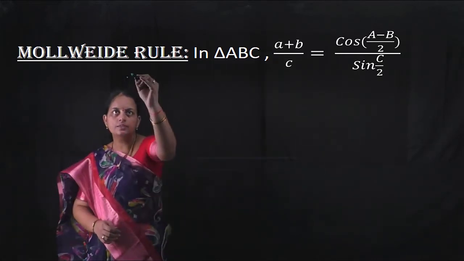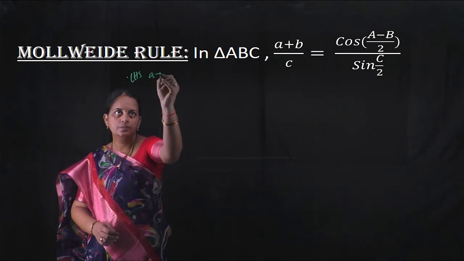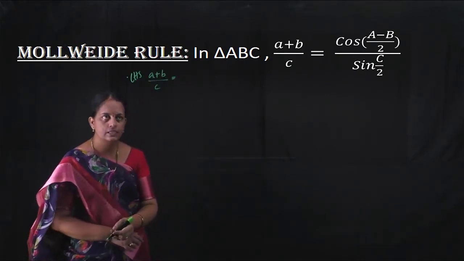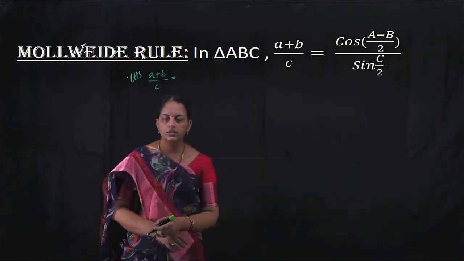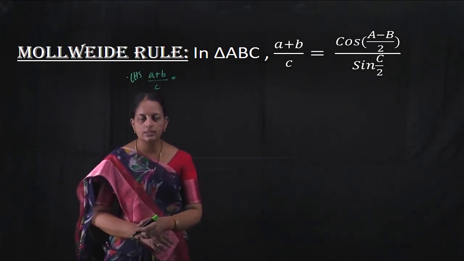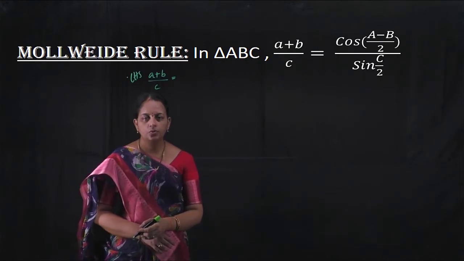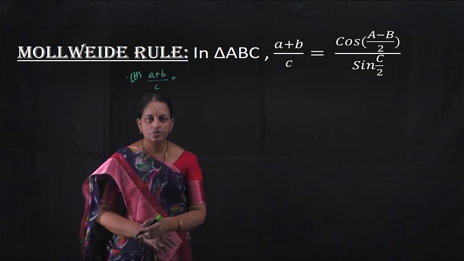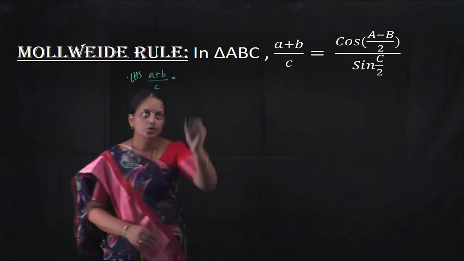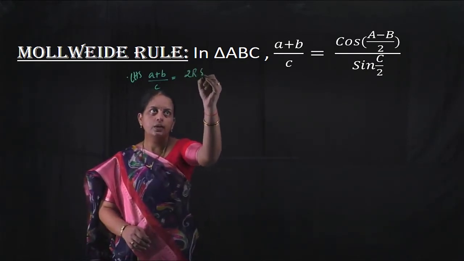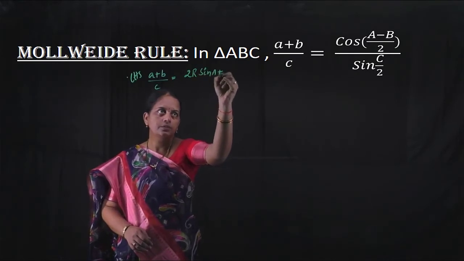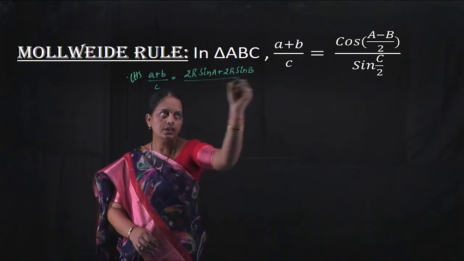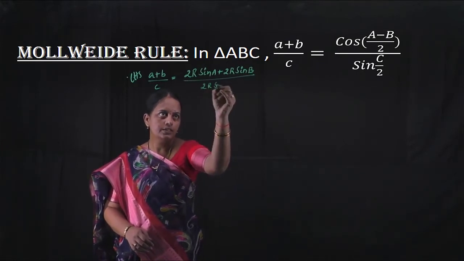Consider the LHS part. (a+b)/c is equal to (a+b)/c. From the sine rule, we know that small a is equal to 2R sin A, small b is equal to 2R sin B, and small c is equal to 2R sin C. By substituting those three values, we get (2R sin A + 2R sin B)/(2R sin C).